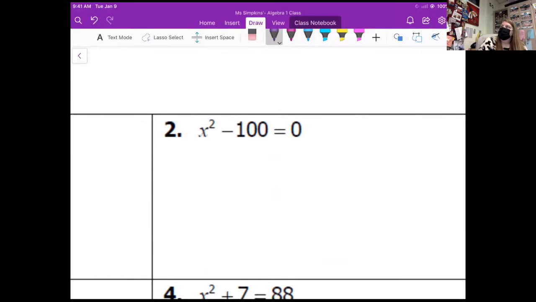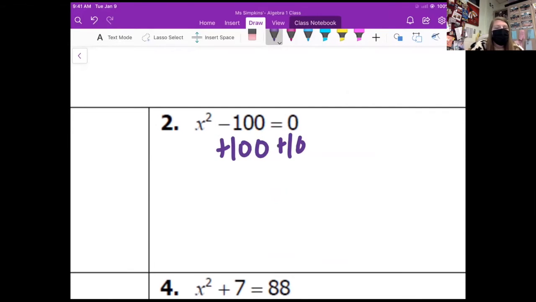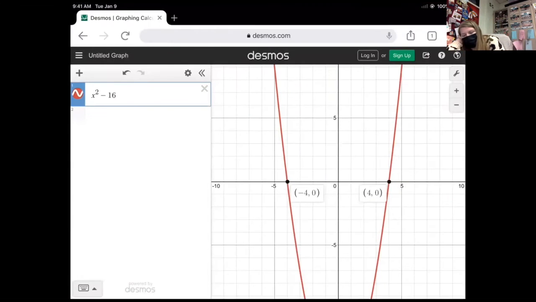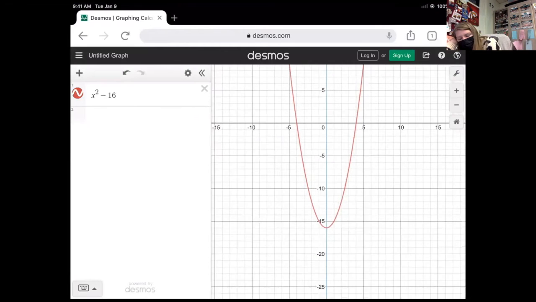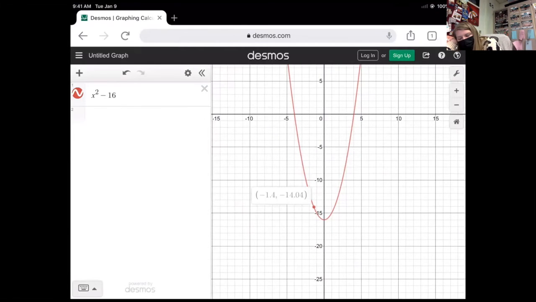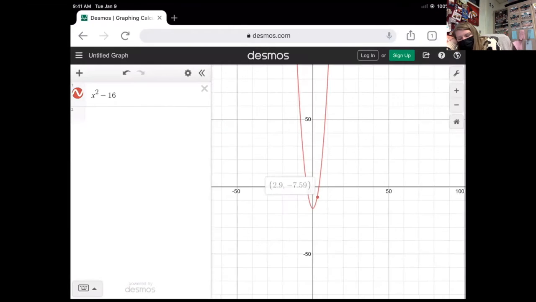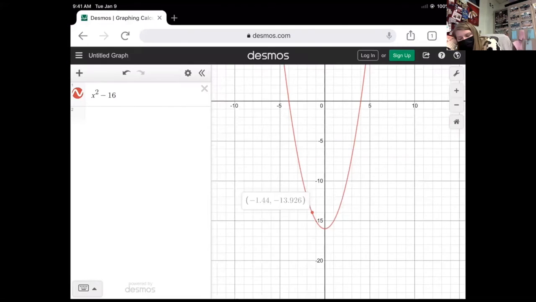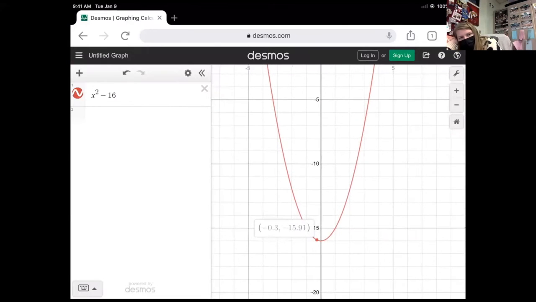So again, we're trying to get x by itself. When you say length of the parabola, Selena, do you mean like where it crosses the y-axis? Because technically, if I zoomed out, it would go on infinitely. Is that what you're talking about?